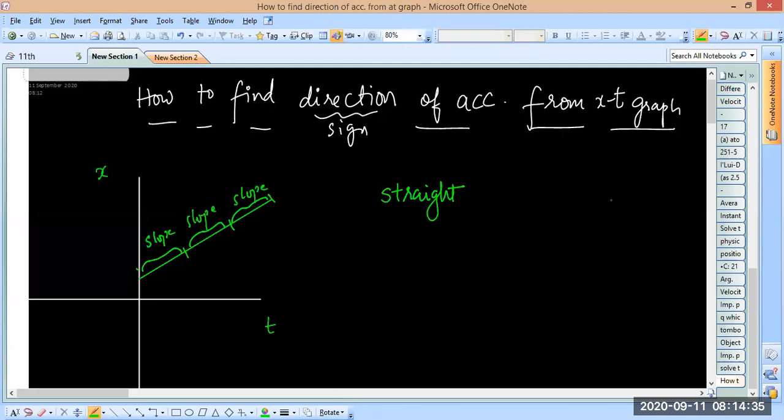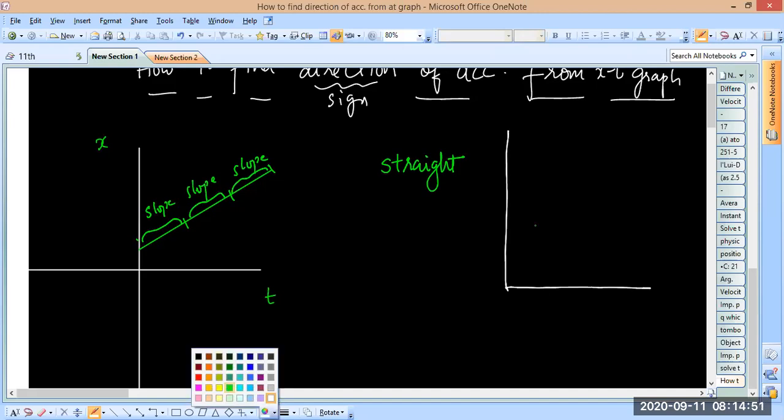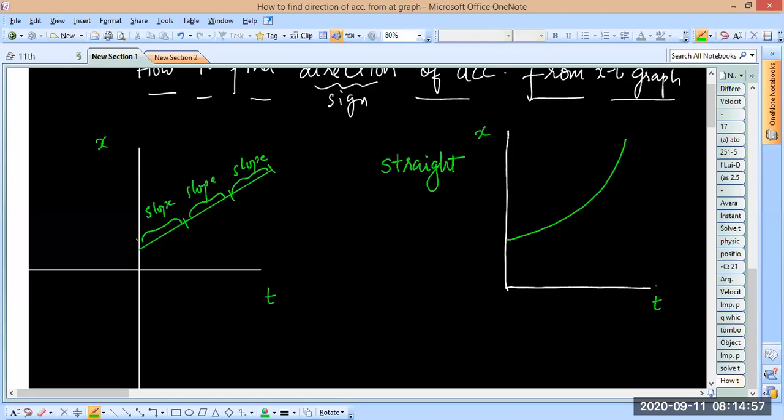But the same would not happen if this graph was not straight, that is, it was not a line. Let's take an example. Suppose instead of this, the graph would have been curved like this. I'm going to draw it now. So this is a curved xt graph.